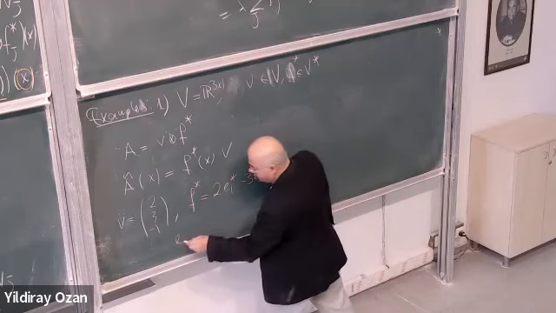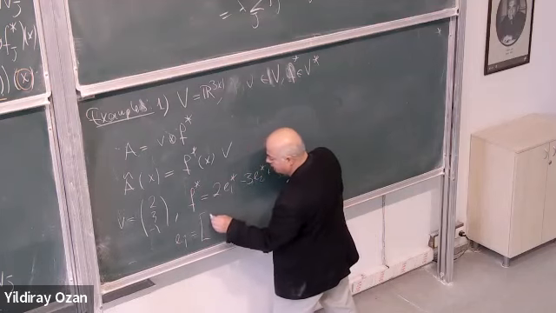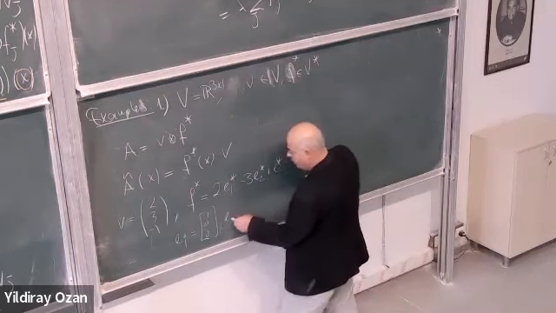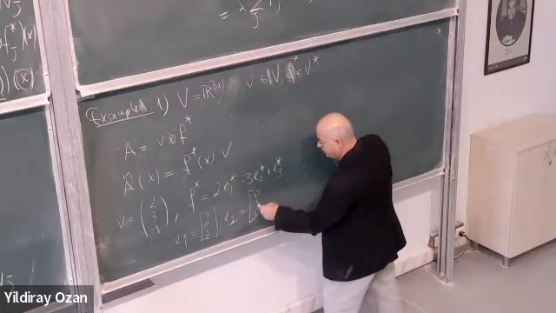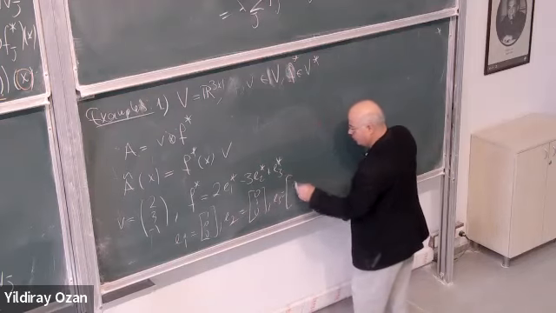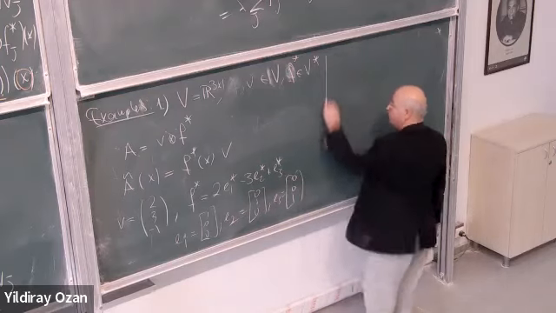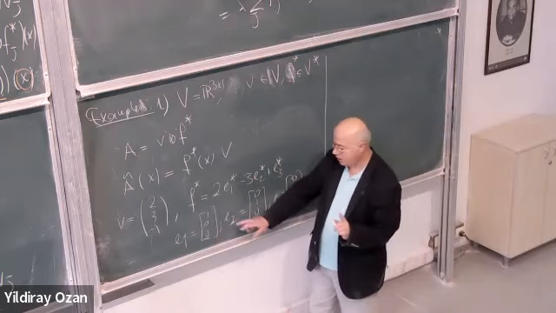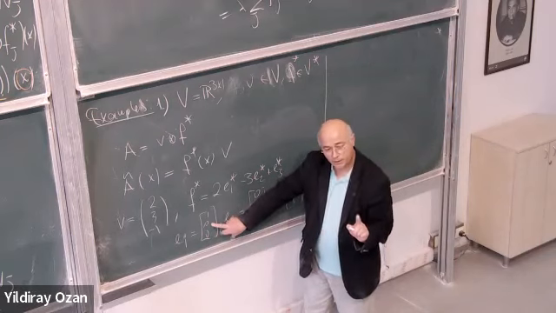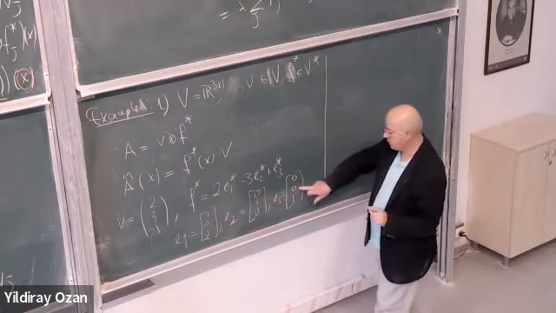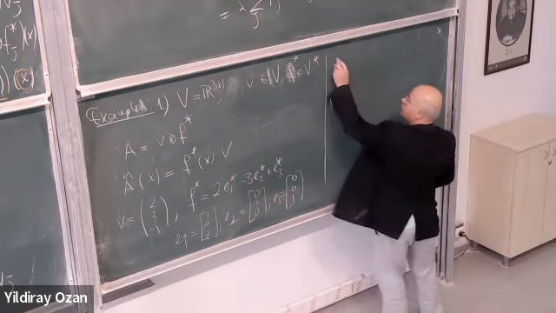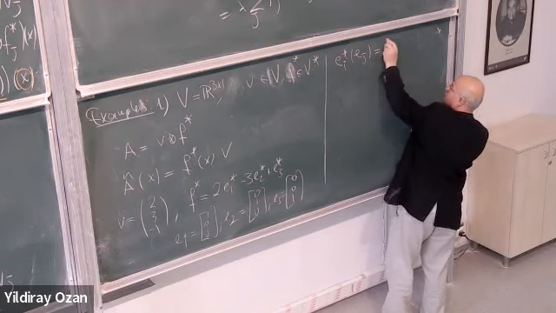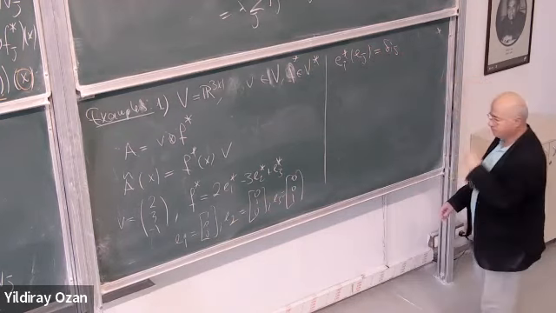Here E1, E2, E3 are the standard basis elements: E1 is 1 0 0, E2 is 0 1 0, E3 is 0 0 1. So what does E1 star do? E1 star maps this to 1, this one to 0, this one to 0, right? So Ei star of Ej is just delta ij.